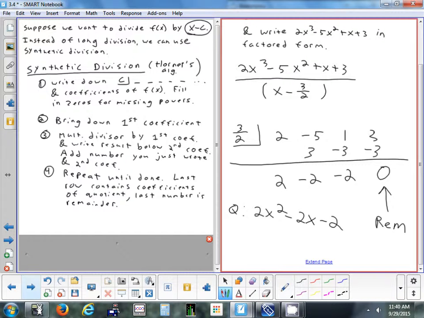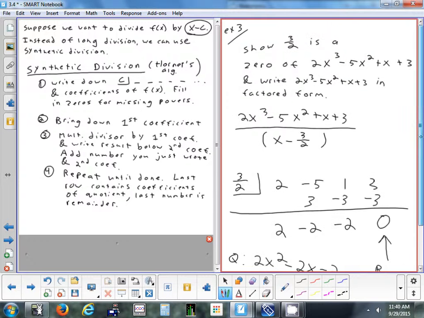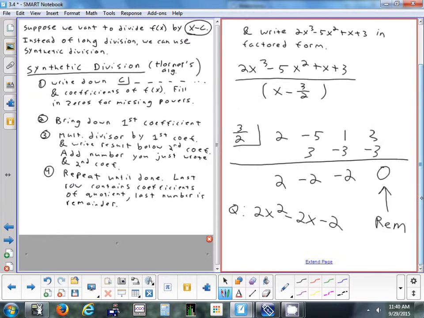Okay, so any question on how we showed that 3/2 is a root? We really showed x minus 3/2 as a factor. But that's equivalent to saying 3/2 is a root. Question? Now the last part says to write this in factored form.